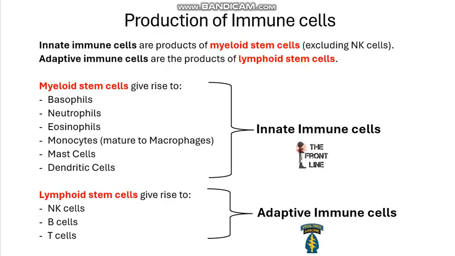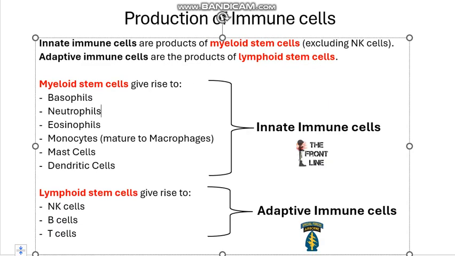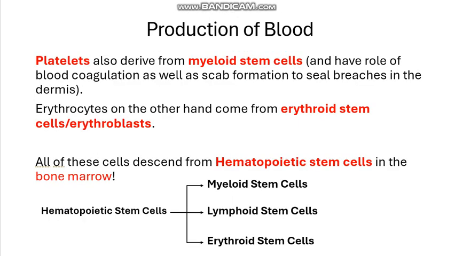Platelets also are derived from these myeloid stem cells, so platelets are coming from the same stem cells producing our innate immune cells, and that kind of makes sense when you think about it, because platelets have a role of coagulating the blood to not only prevent blood loss, but also to form a scab, which is going to kind of act as a bit of a permeability barrier, not as good as the skin, but it's going to be better than nothing to seal breaches in the skin.